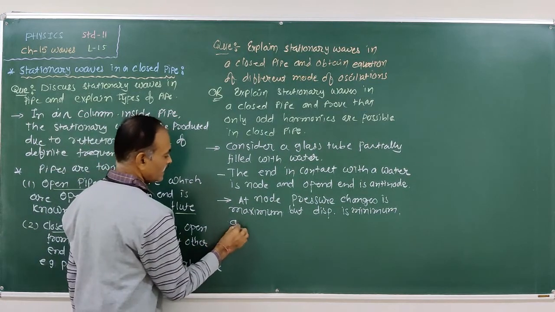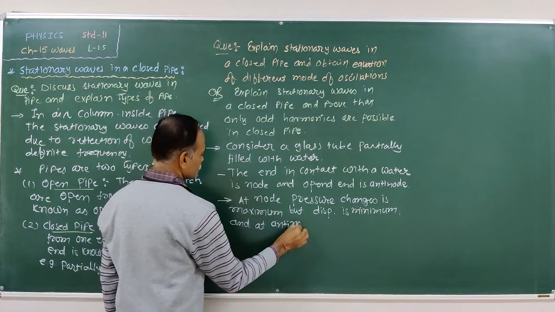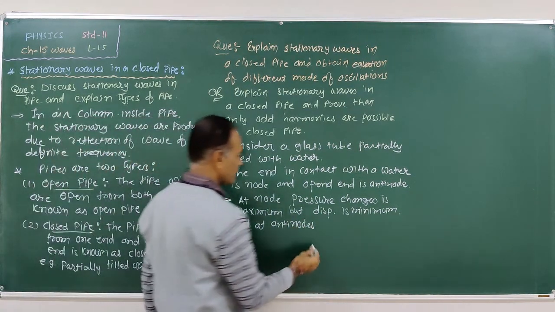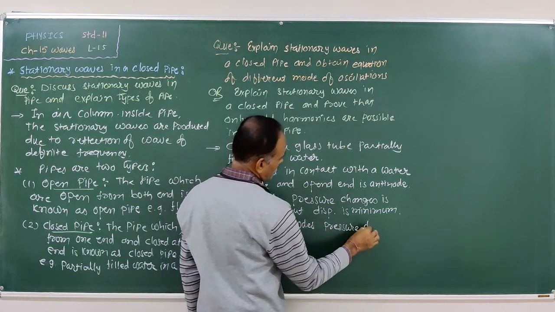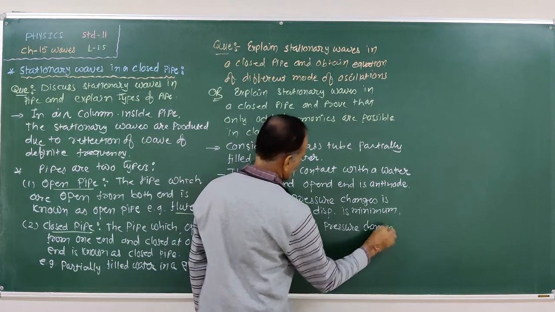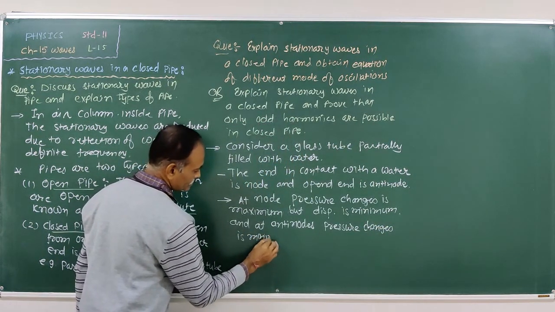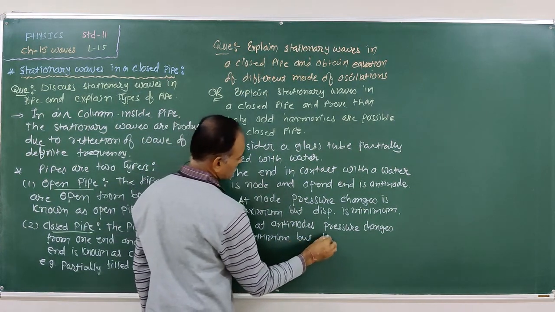And at antinodes, the pressure change is minimum, but the displacement is maximum.